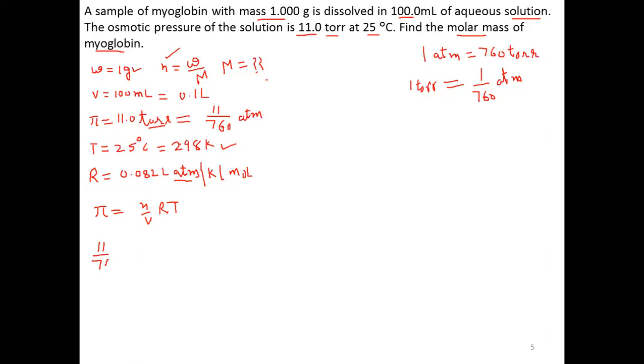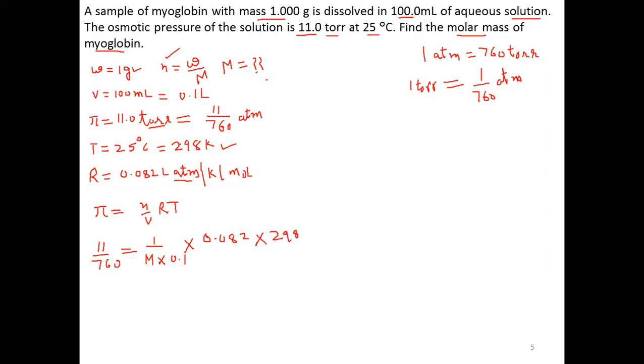11 by 760 is equal to, what is n? n is W by M, and W is 1. So it is 1 by M, and volume is 0.1 in liters, multiplied by 0.082 multiplied by 298.